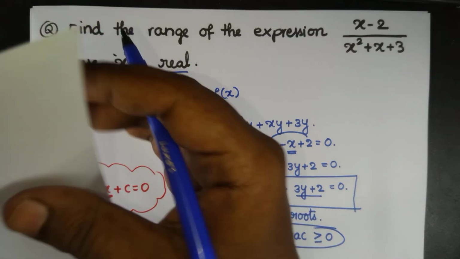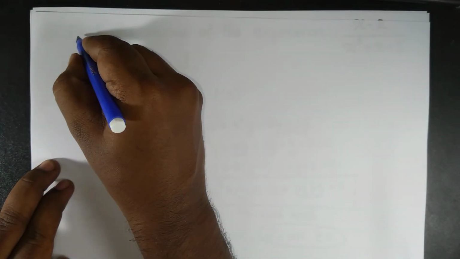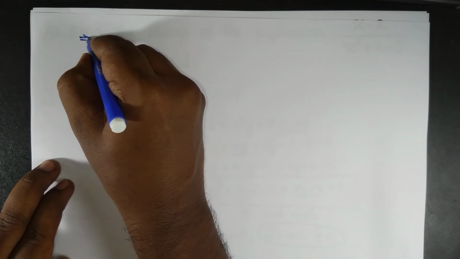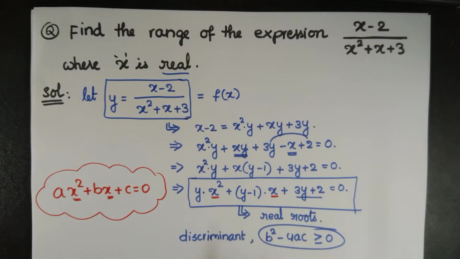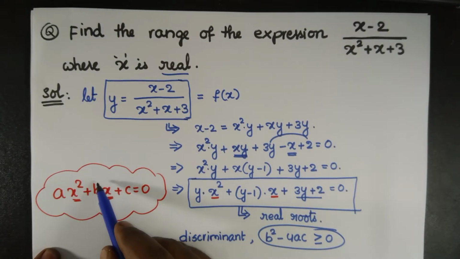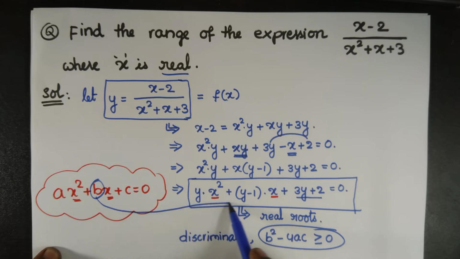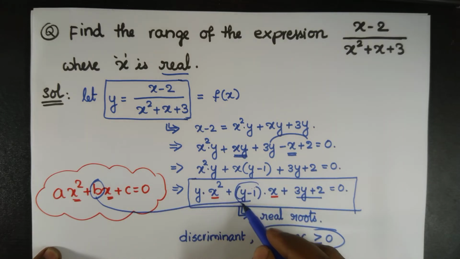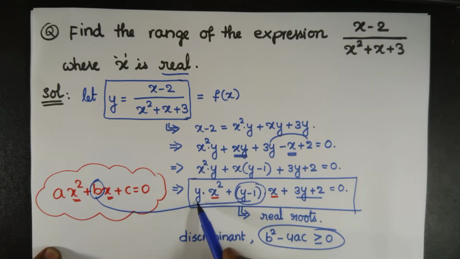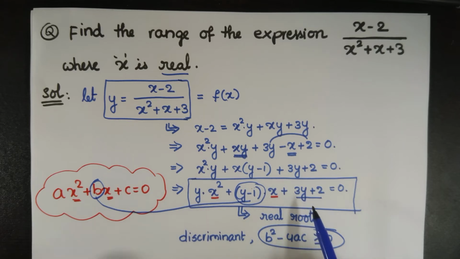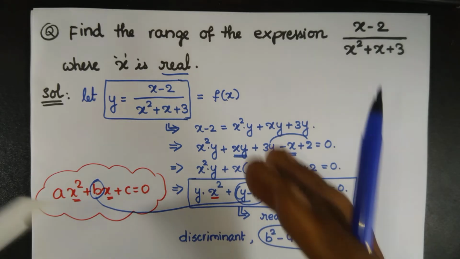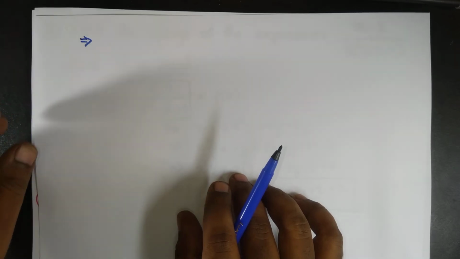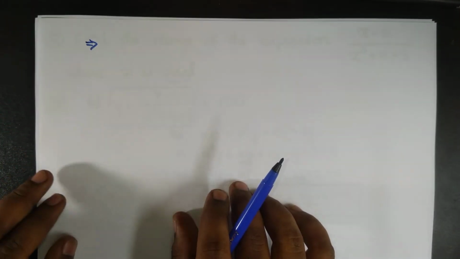Now what you do? Now you plug in this. So what is b here? See, b is y - 1, and a is y, and c is 3y + 2. So let me plug this in our case.